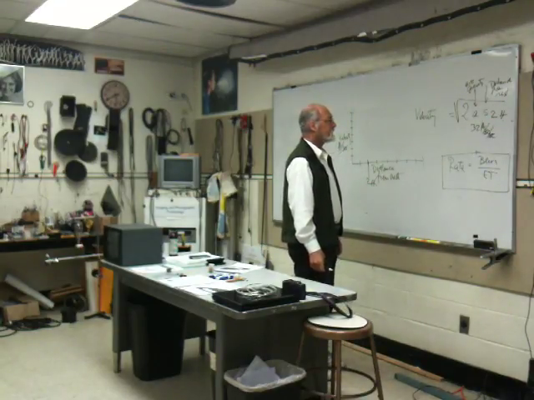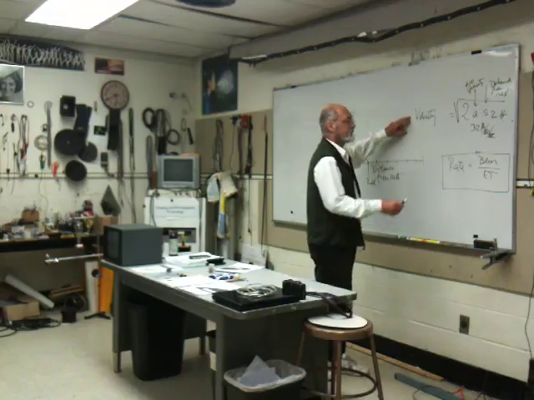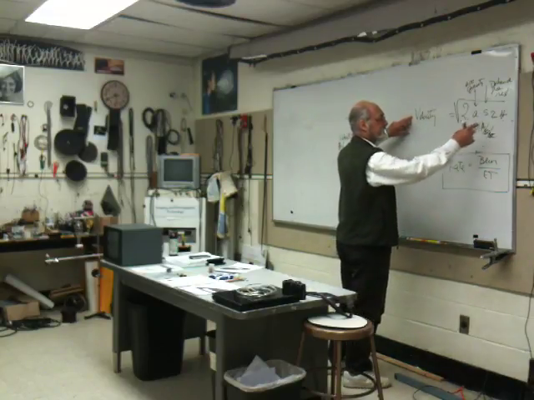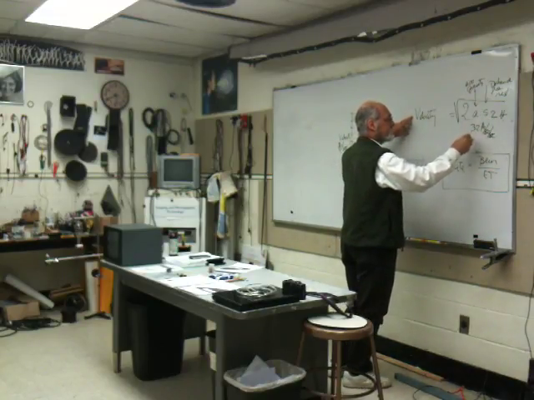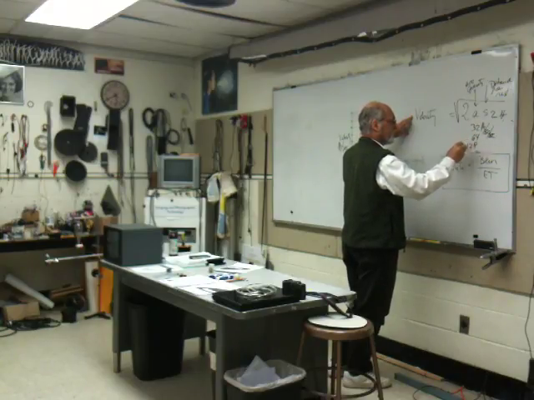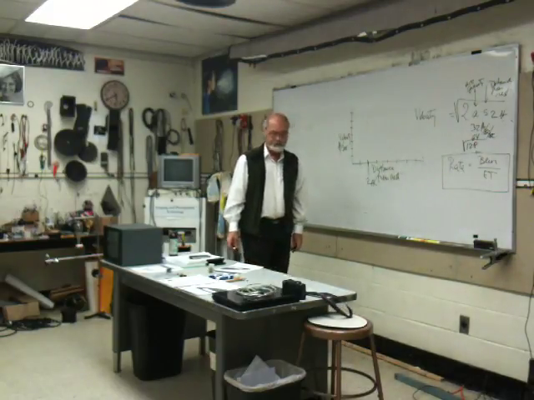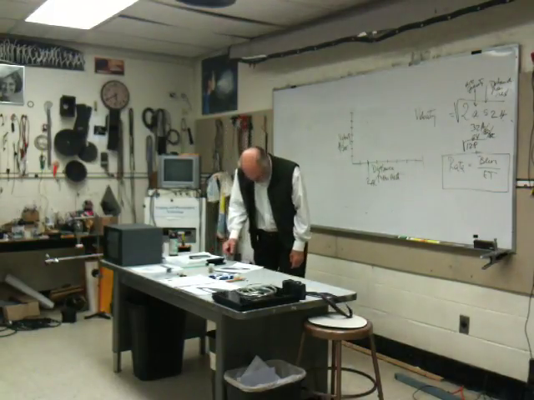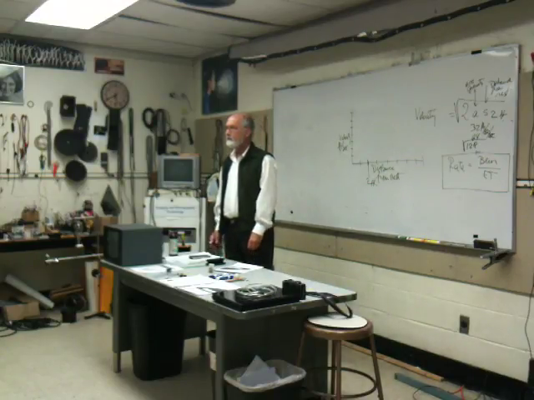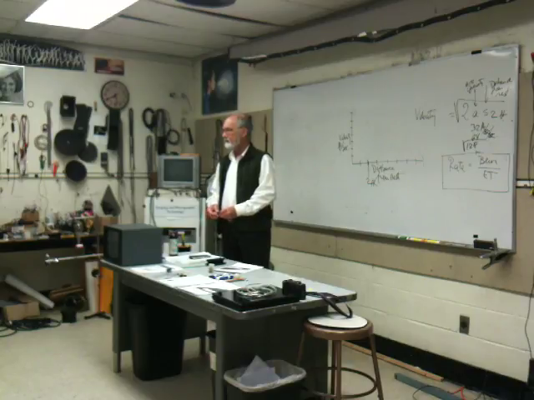So what I'm looking for at 2 feet, the velocity, which is, what, 2 times 32 is 64, times 2, which is 128. I'm looking for the square root of 128. Anybody? Should be something like 11.